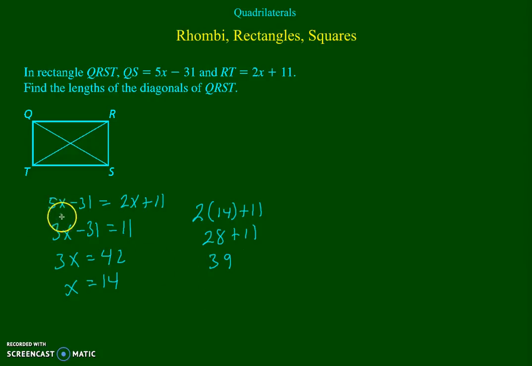If we do the same over here, we have 5 times 14 minus 31, which is 70 minus 31, which is 39. So they both work out. So a fairly easy example, but the concept is the important thing, that the diagonals are congruent. So let's move on to the next section.